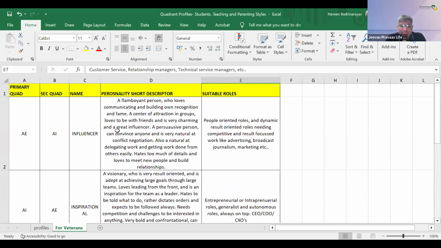So basically, you come across as a flamboyant person who loves communicating, building own recognition and fame, center of attraction. So basically, you're a persuasive, people-oriented person who is very good at building relationships, very good at connecting. You enjoy being in front of the camera. So you would love going and taking on a session and working with groups and communicating, motivating, training. This is something that comes naturally to you. That's what I understand from this.